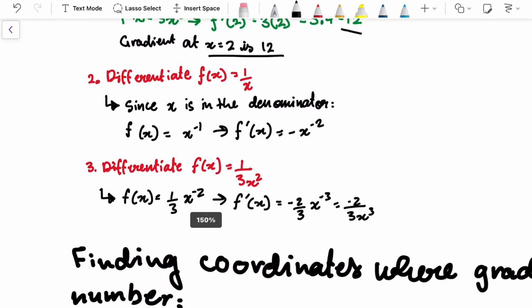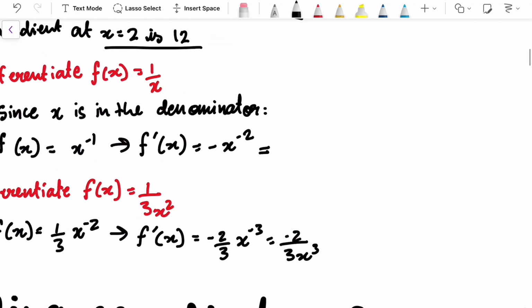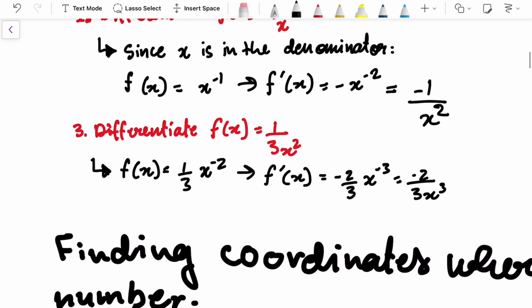All right. Now, this we can basically write as -1 by x squared. Also the same thing, because it's negative, and then since it's x to the power of -2, it's basically 1 by x squared, right?